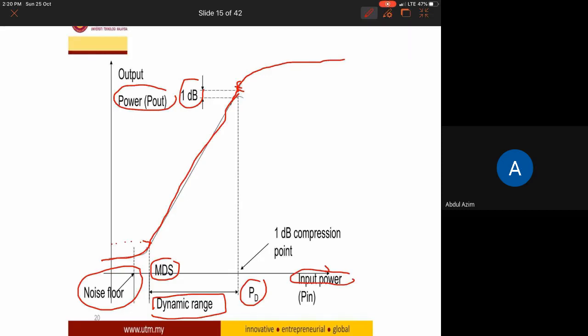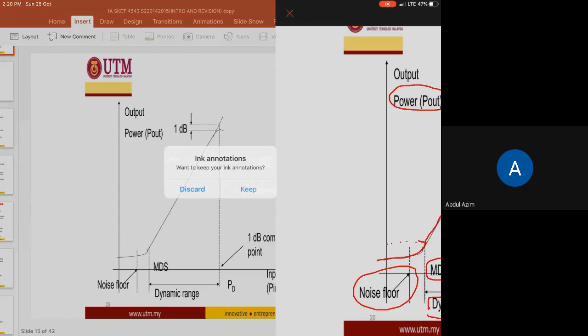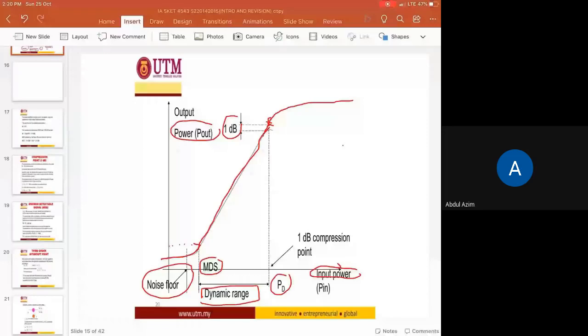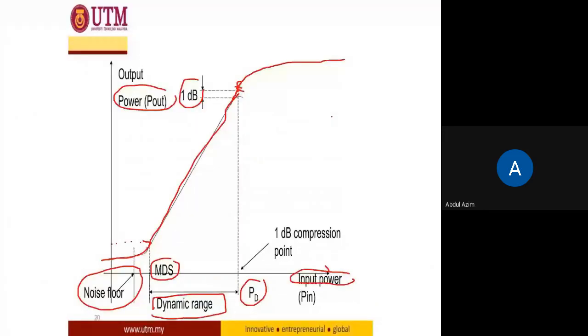In addition to that, from this graph, basically this is the fundamental graph of output versus input, where we have the linear and saturation region for the fundamental or first order modes.